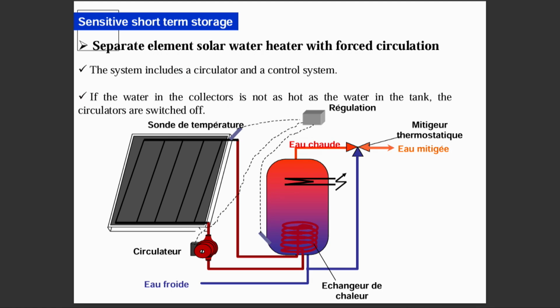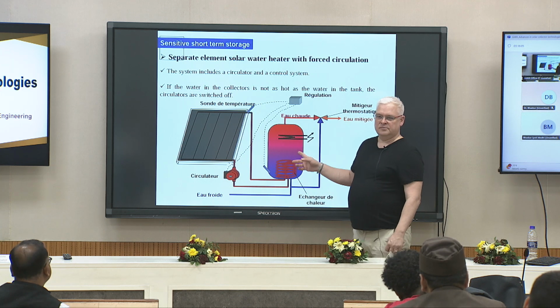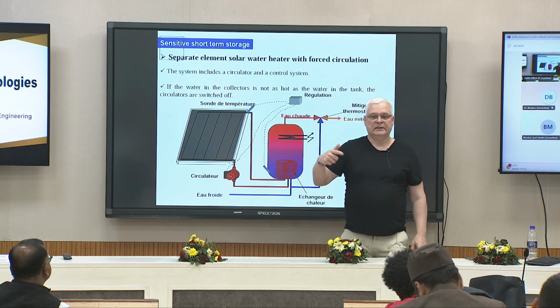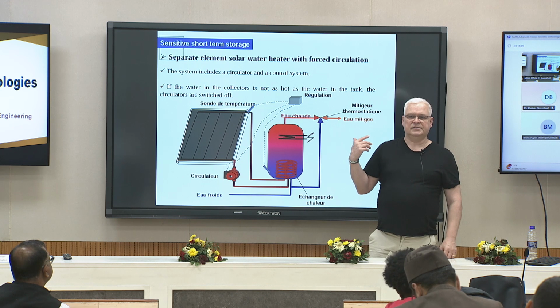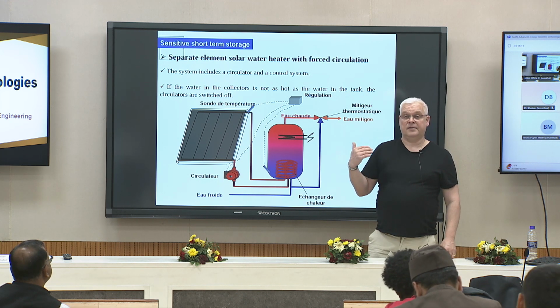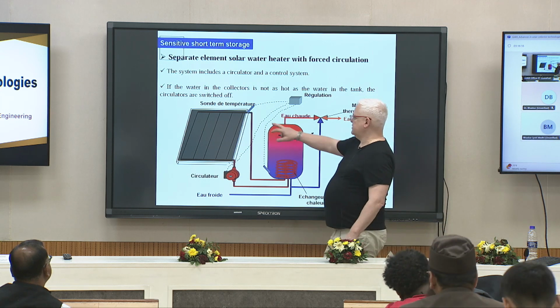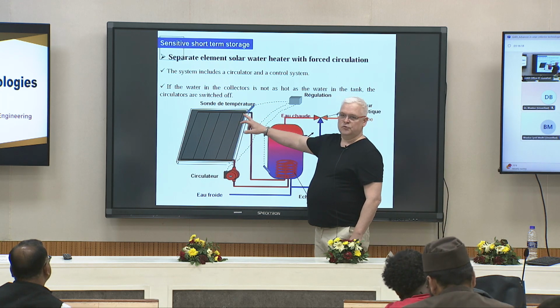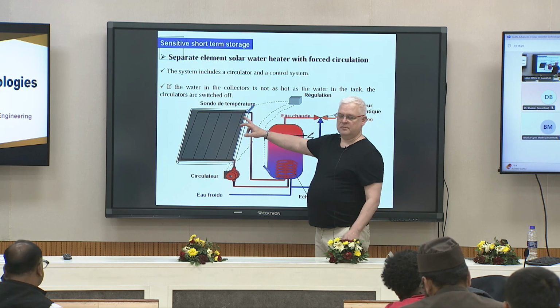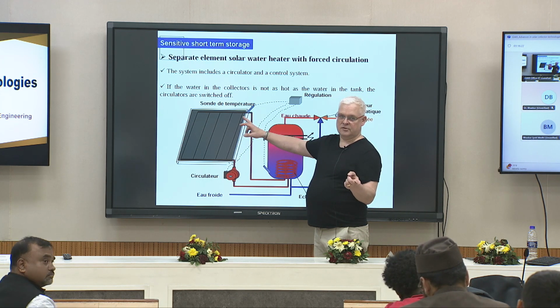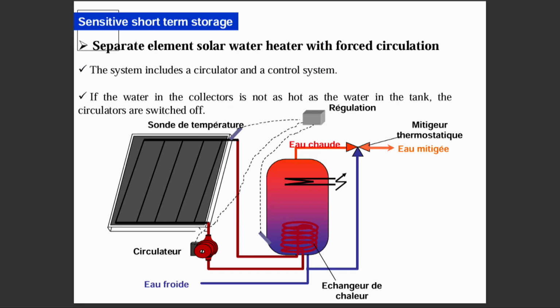One thing which is really important also, and it was my remark when I said in France, there was an audit about this kind of installation, and we found that there were a lot of problems. For example, being able to measure the temperature at the outlet of the solar thermal collector, and to see if the temperature is lower than the temperature in the tank to stop the circulation.